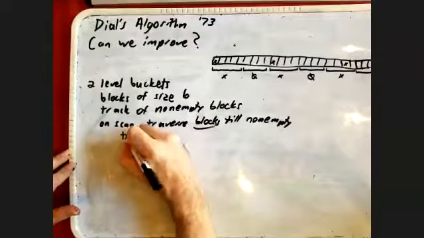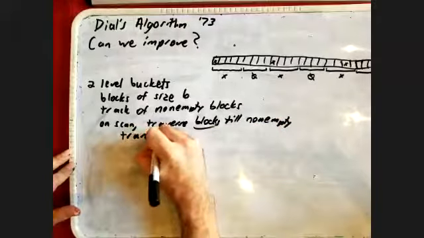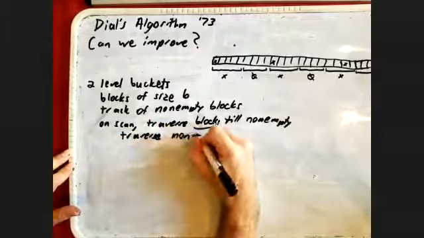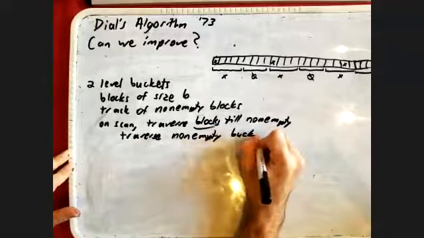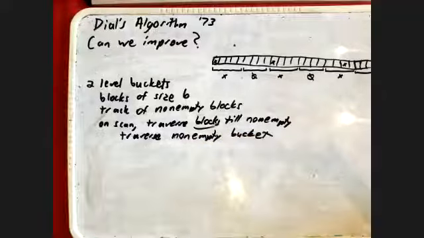And then I will traverse the non-empty bucket to find the minimum item, okay? So let's see what this does to our cost, right?